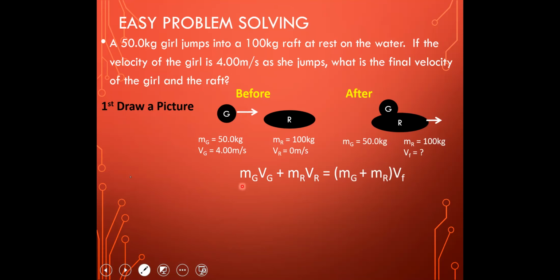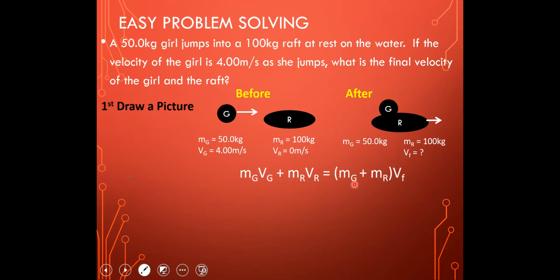Here we are talking about the mass of the girl times the velocity of the girl, the momentum of the girl before collision. Before collision we also have a raft, which has a mass and a velocity. Now after that, what happened?